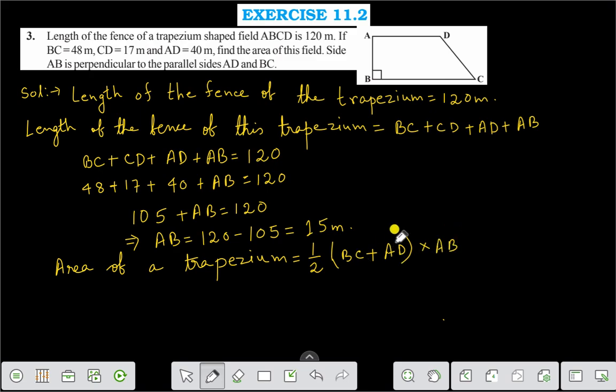That is sum of parallel sides into height of the trapezium, right? Therefore, we are getting half.